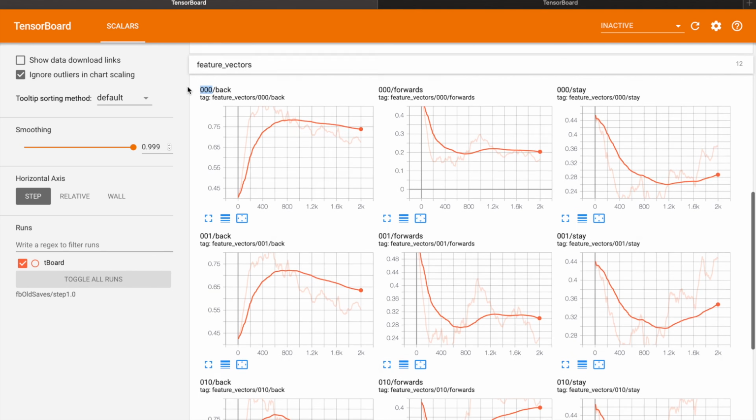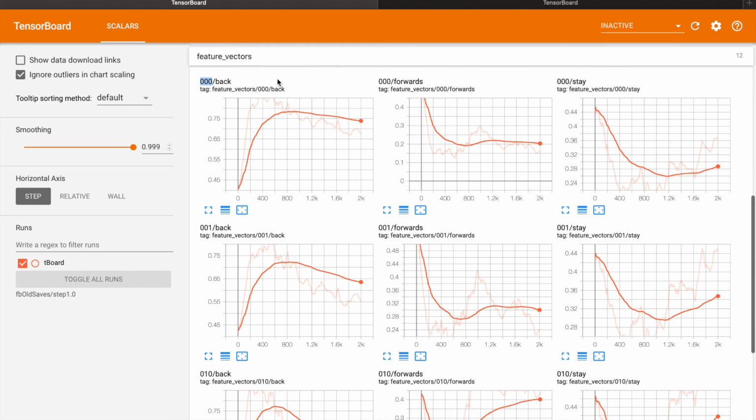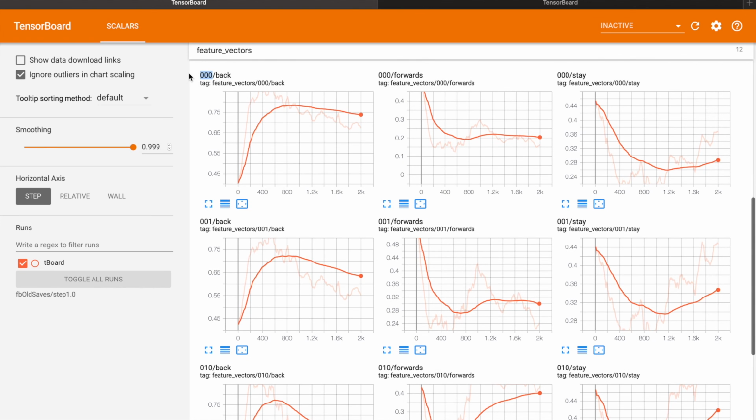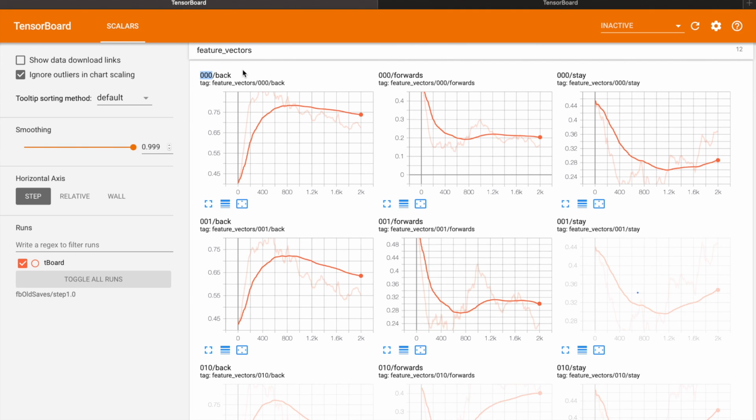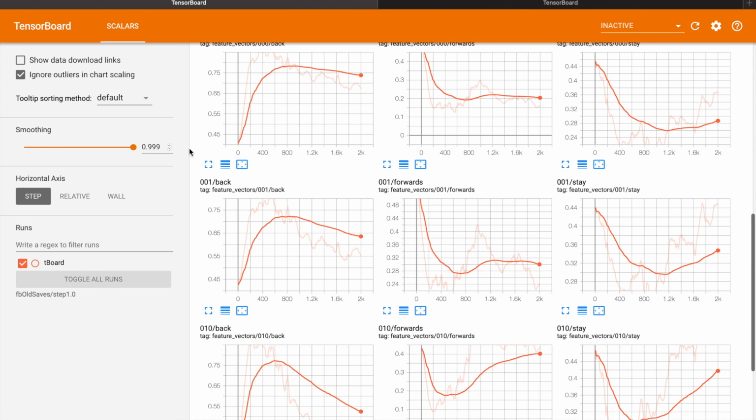So more or less, how much do we prefer going backwards when we are in the feature vector 0, 0, 0. And you can see here it's quite preferred over the other actions, and that makes sense because the agent starts in front of the emerald block. So if it were to at some point end up a little bit more in front, it would need to learn to go backwards then.